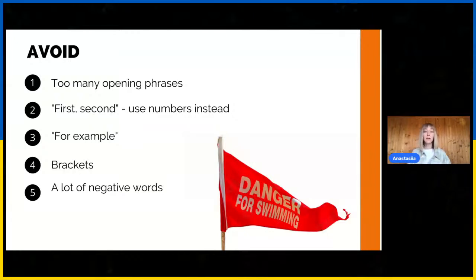And negative words, even if you are going to say something unfortunate or something you already feel sorry about, you are not supposed to use too many negative words, because it will make a person grumpy or sad or even angry. For example, if you are speaking about not meeting a deadline, and maybe it's not the first time, your client can think, oh, come on, what are you doing? I'm already so angry with that. It's not your first time, so maybe you should work on it.